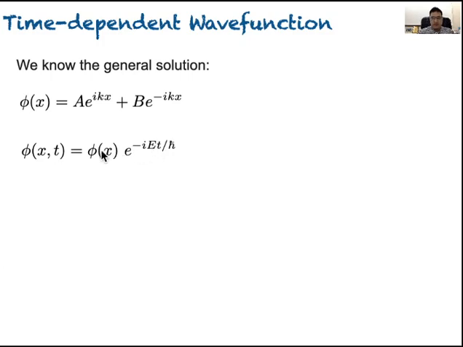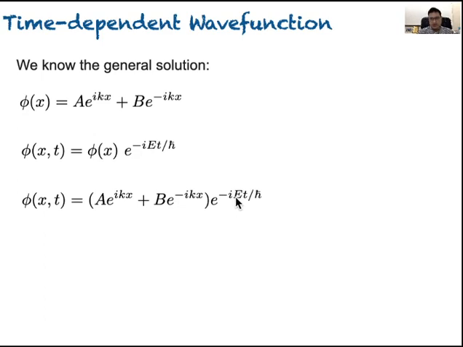I know what my phi of x is from here, so I can substitute the value of phi of x here to get phi of x,t, which I have written here. To make it more convenient, I can define my energy as E equals h cross omega.